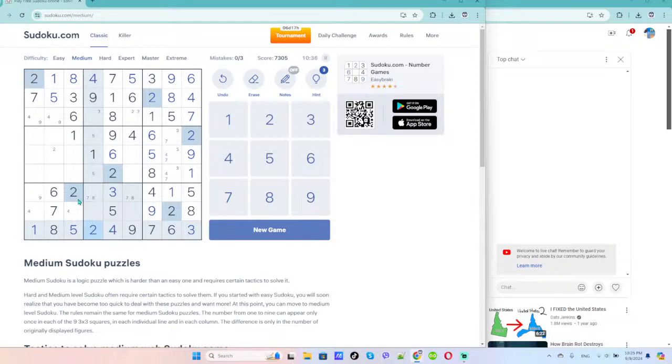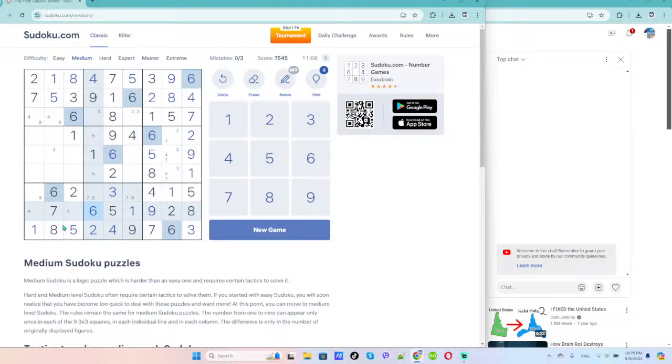I wrote down 7 and 8 as a pair of numbers, so we know the numbers of this pair, which are 1 and 6. Did you see the X-wing pattern? Okay, so in this axis we put 1 and 6, thanks to this technique or strategy, whatever you want to call it.